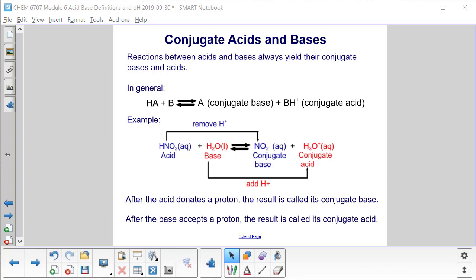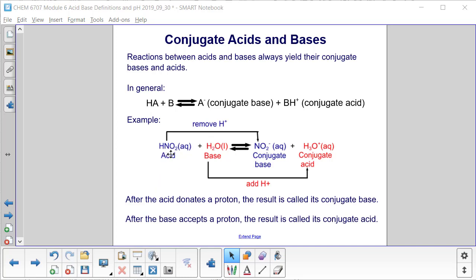All right, so when an acid and a base react, they always yield what are called conjugate bases and acids. So in general, if I had this acid plus a base, once the proton in this case is removed, I get the conjugate base plus the conjugate acid, where the proton has been accepted. So as an example, HNO2 is an acid.